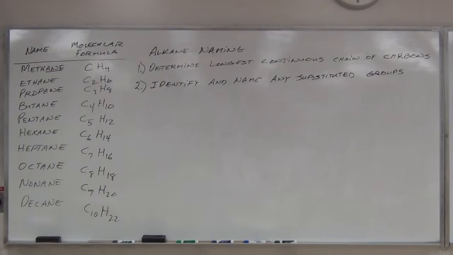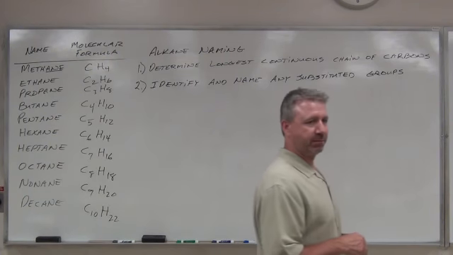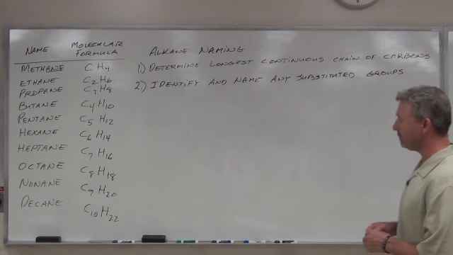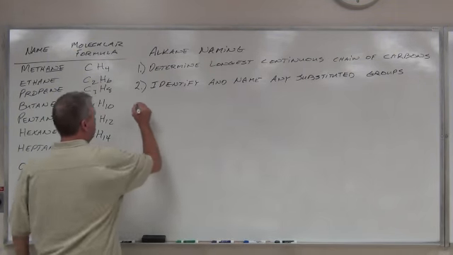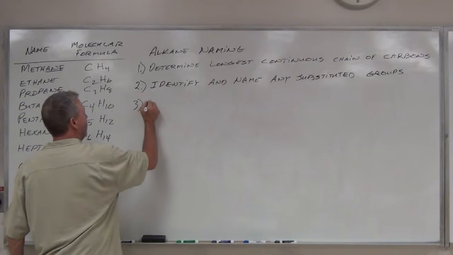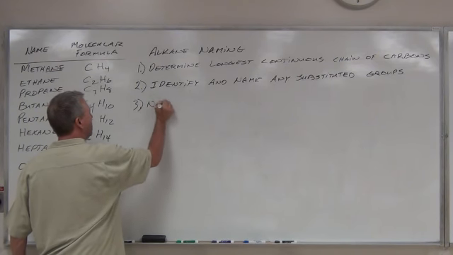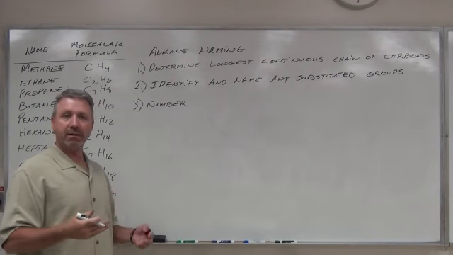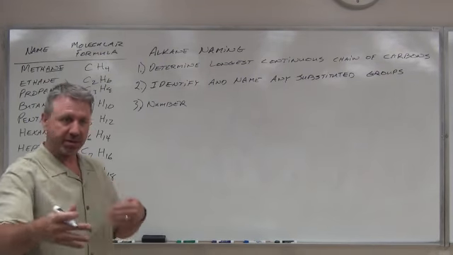Identify and name any substituted groups that are attached to number 1. You're going to identify them and name them. Anything that's hooked on to the longest continuous chain. We're going to number our carbon chain. We're going to call it the parent chain, because we're going to name it based on that longest continuous chain.